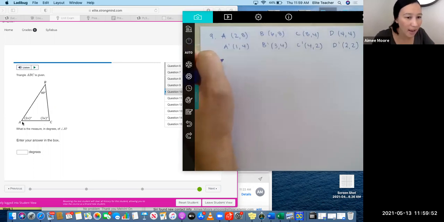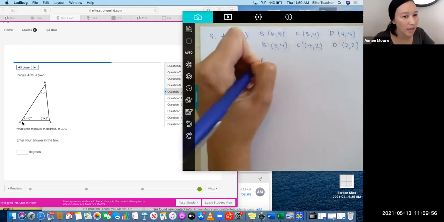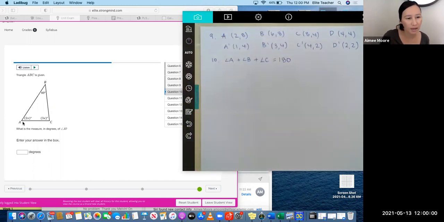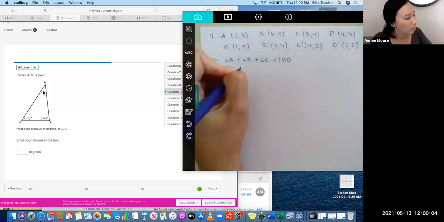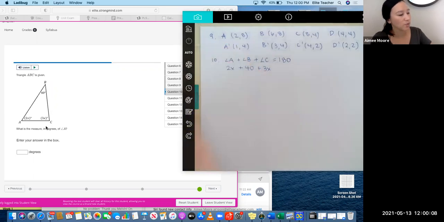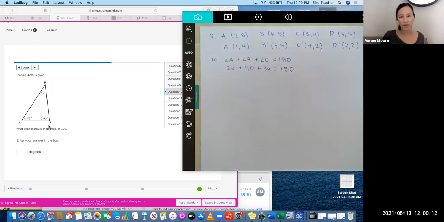So we know that angle A plus angle B plus angle C equals 180. So angle A is 2x, angle B is 40, and angle C is 3x. And that equals 180.